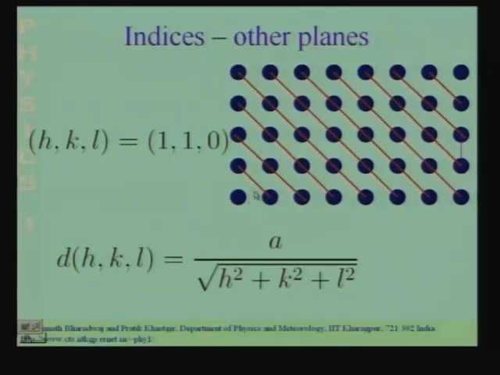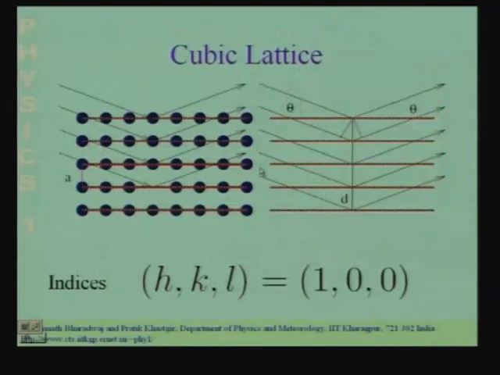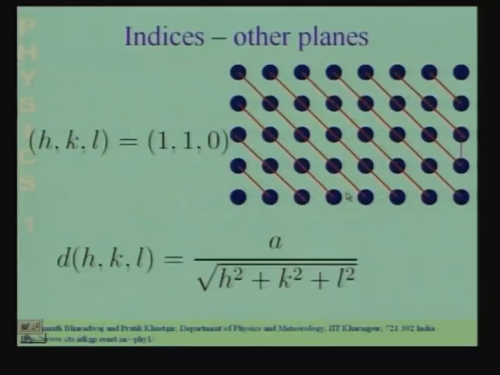Now, the next question is, what is the interplanar spacing corresponding to these planes? For these planes, the interplanar spacing is exactly the same as the interatomic spacing, a. For these other planes, if you apply Pythagoras theorem, you can calculate the interplanar spacing, and you can see that it is 1 by square root of 2 times the interatomic spacing.